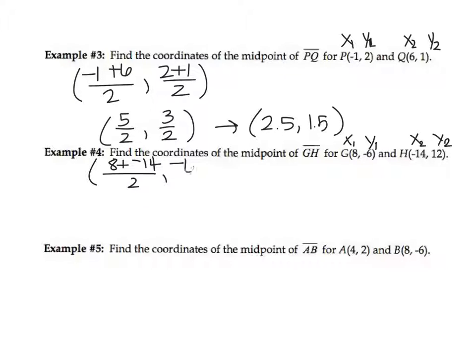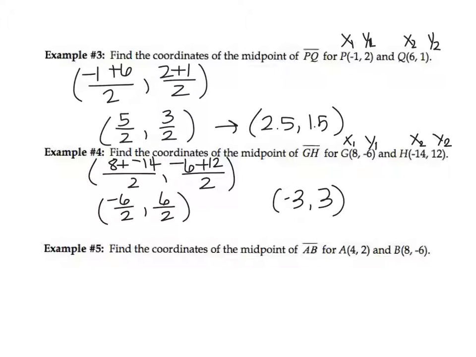And then add my y's, -6 plus 12 over 2. 8 plus a -14 is -6 over 2. And -6 plus 12 is 6 over 2. -6 over 2 is -3. Positive 6 over 2 is 3. So my midpoint is at the point -3, 3.